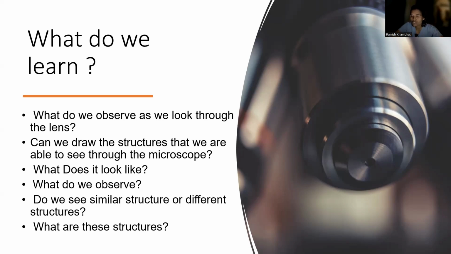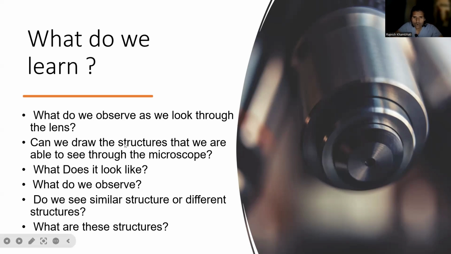The first question is: what do we observe as we look through the lens? If you look under the lens of the microscope, what can we see? The cells. There are many cells present.